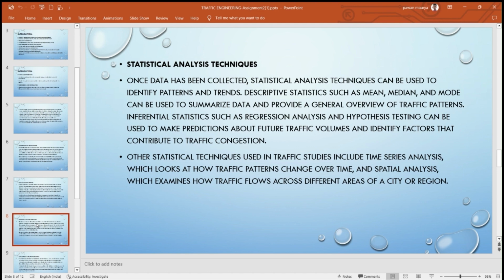Inferential statistics such as regression analysis and hypothesis testing can be used to make predictions about future traffic volume and identify factors that contribute to traffic congestion. Other statistical techniques used in traffic studies include time series analysis, which looks at how traffic patterns change over time, and spatial analysis, which examines how traffic flows across different areas of a city or region.